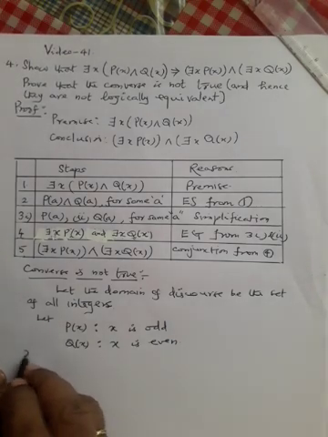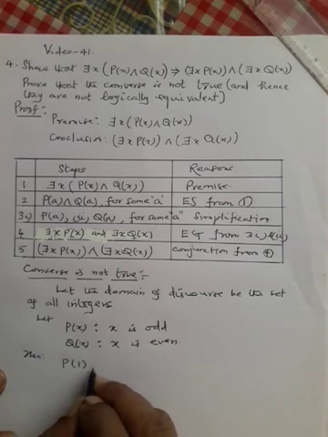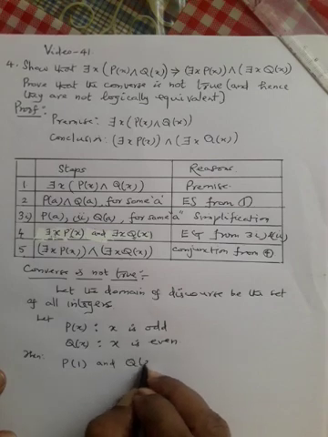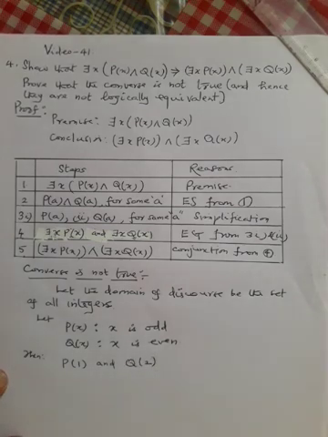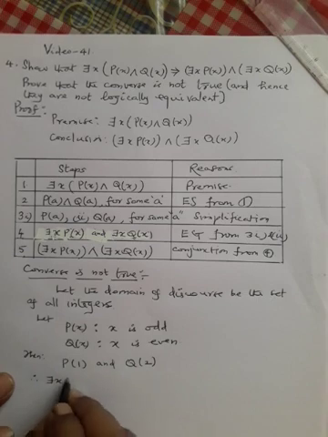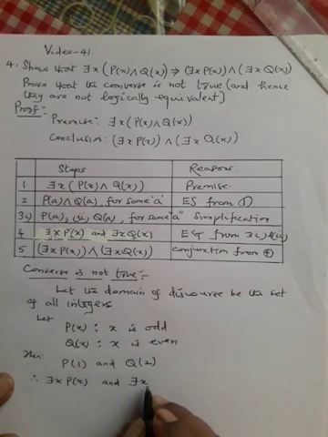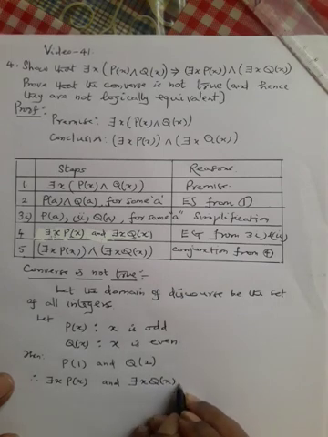So then P of 1 is true and Q of 2 is also true, because 1 is an odd integer, 2 is an even integer. So therefore there exists x P of x, because there is one integer which is odd, and there exists x Q of x.